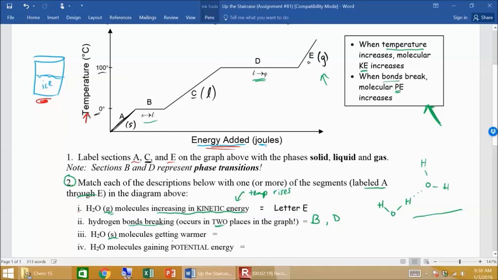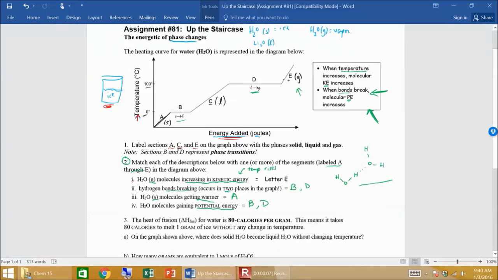Where are solid molecules getting warmer? That's clearly A, where the temperature is rising. And gaining potential energy is whenever the bonds break. So that is in B and also in D. Bonds breaking increase the potential energy.